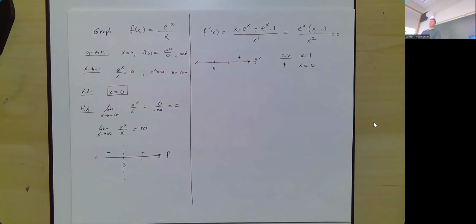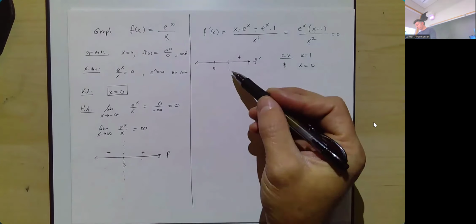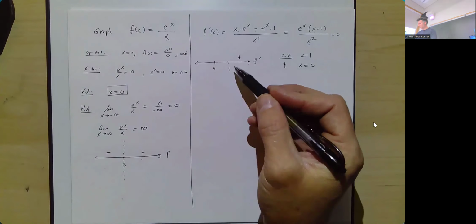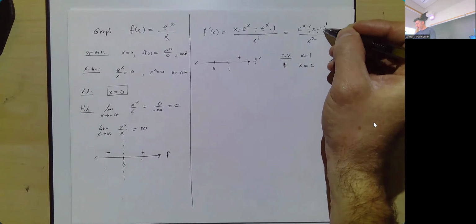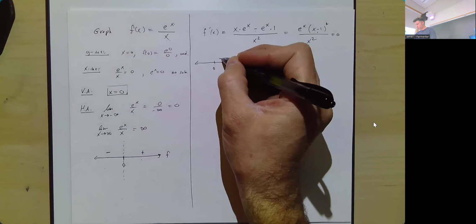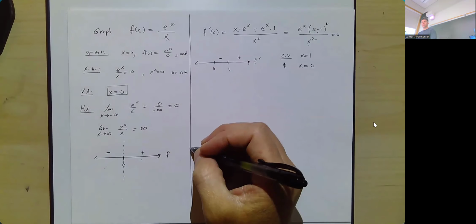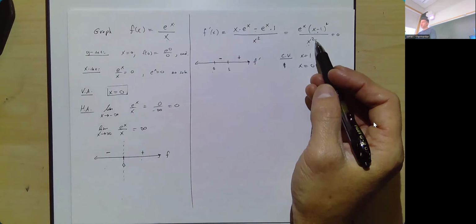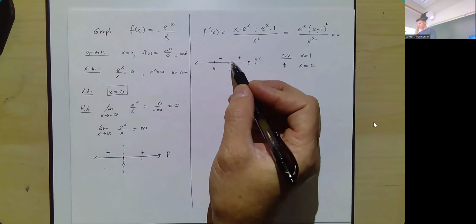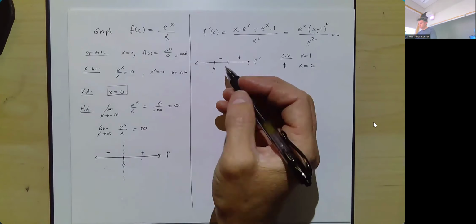You can keep doing that, or you can employ the trick where you look at the value, you look at the factor it came from, you look at the power on that factor, and if the power is odd, the sign changes. And then for 0, you look at the factor it came from, which was x squared, the power is even, so the sign doesn't change.